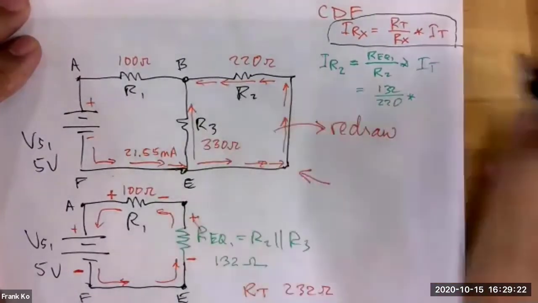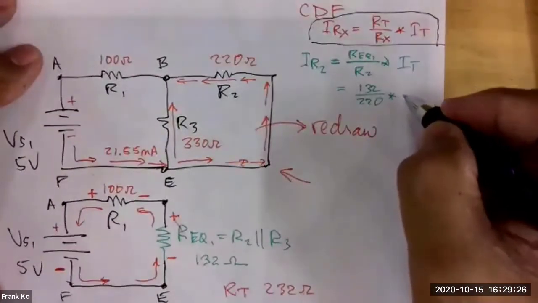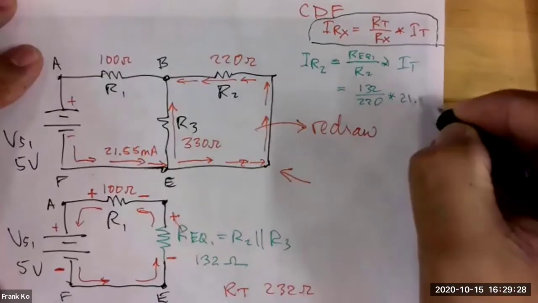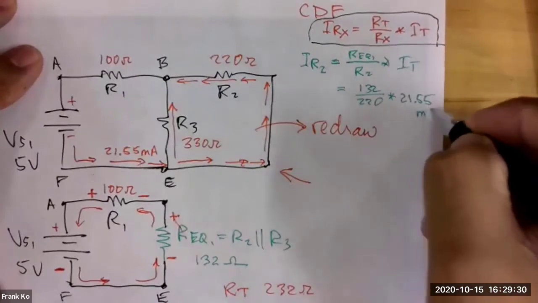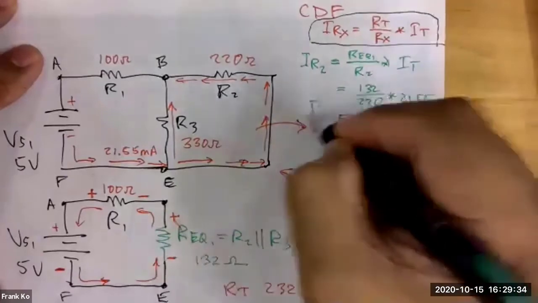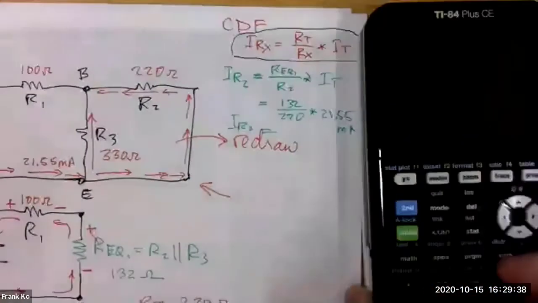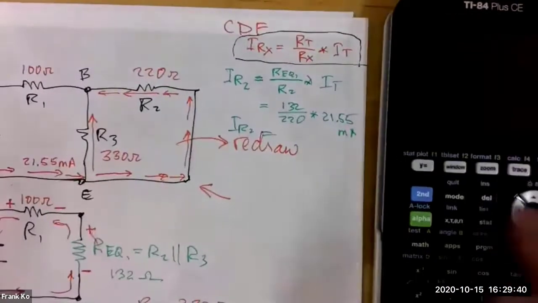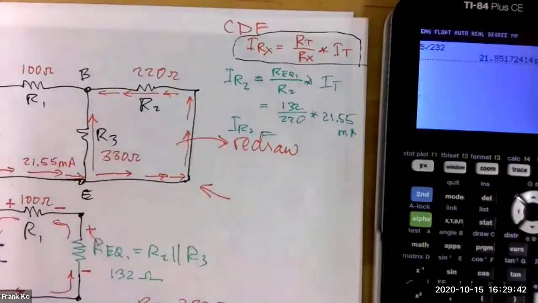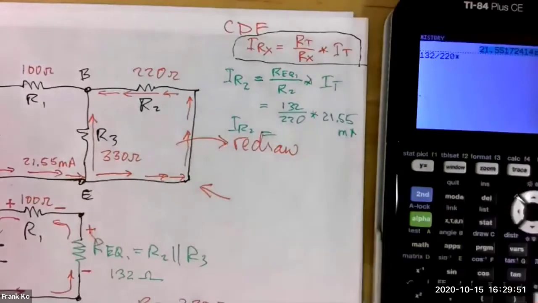And now we're going to multiply this by our, what do we have, 21.55 milliamps. So Yusuf, you calculate IR2 to be what value when we go to do this calculation? On clear 132 divided by 220 times my current.